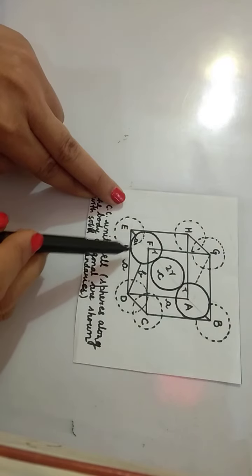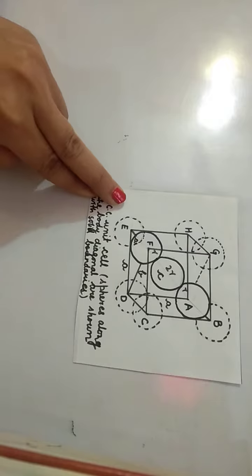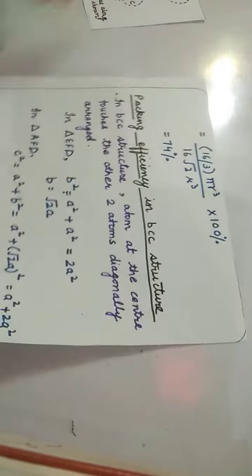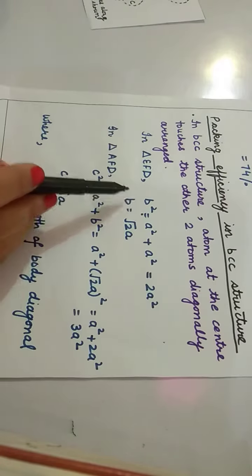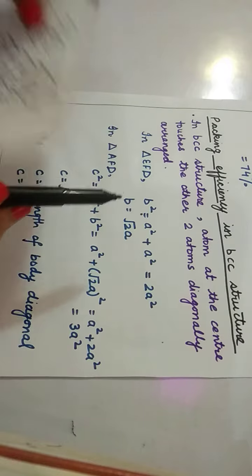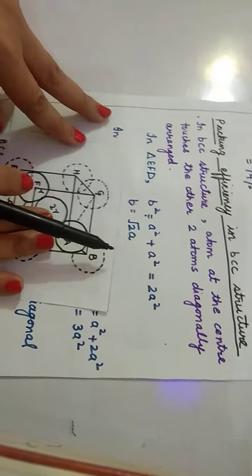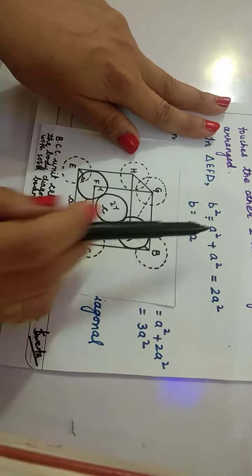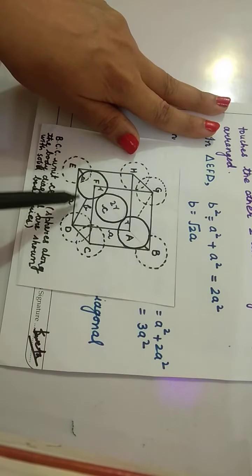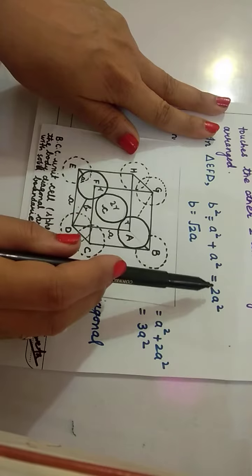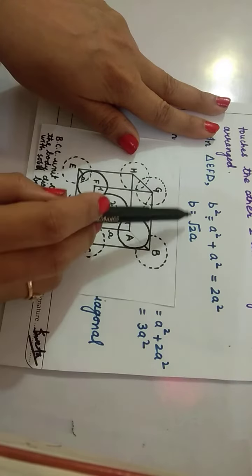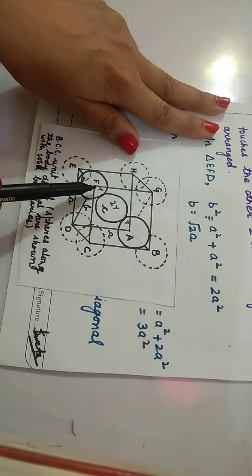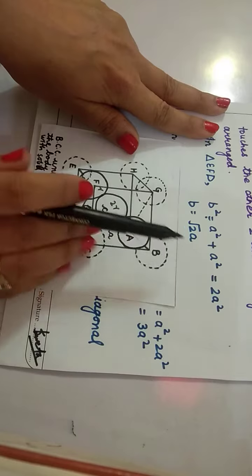So B square is equals to A square plus A square, which is equals to 2A square. So B, the face diagonal, is coming out to be root 2A.